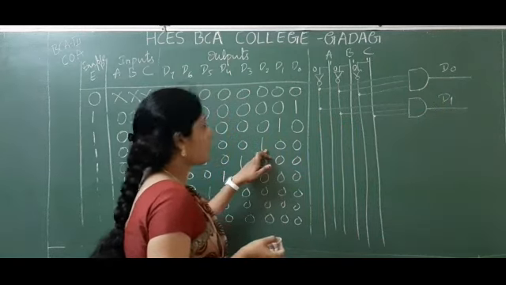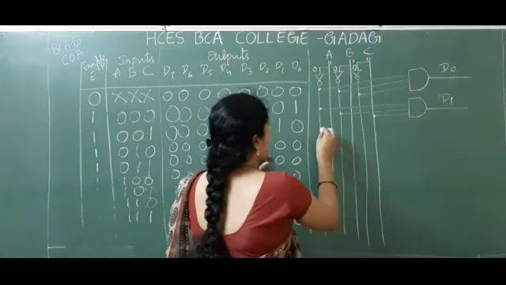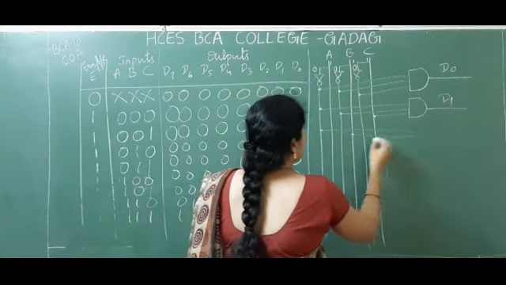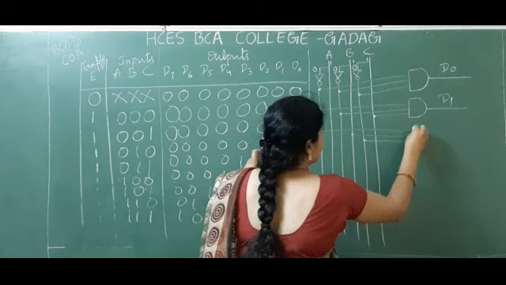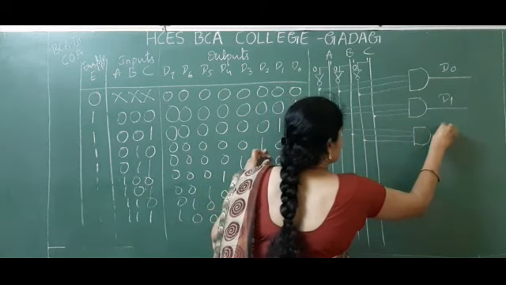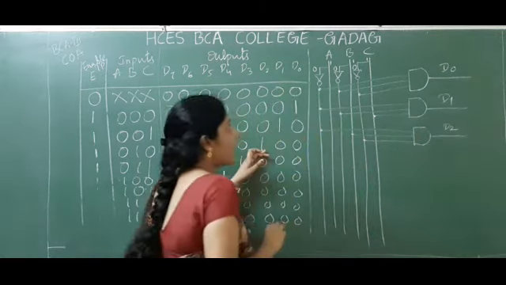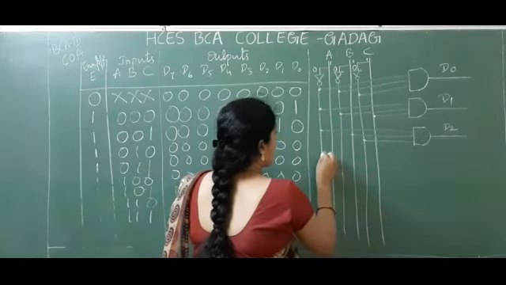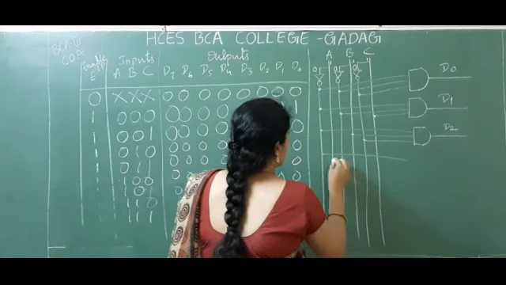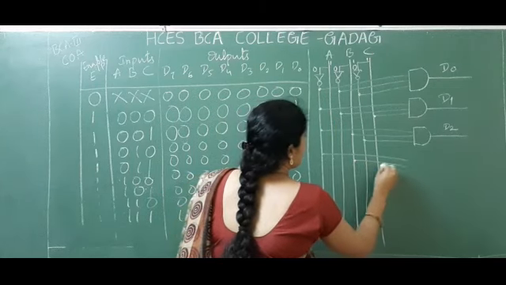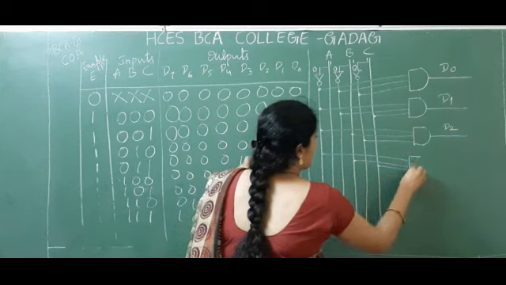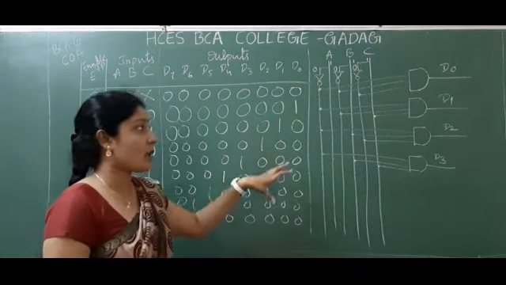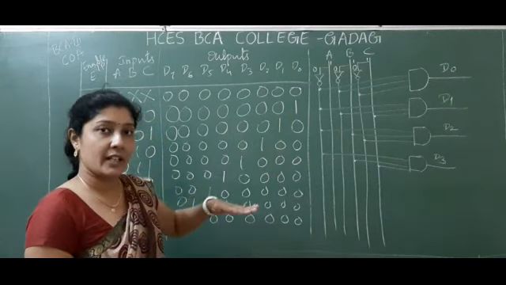Similarly, D2 means 2. 2 means 0, 1, 0. D2. Next, 3. 3 means 0, 1, 1. D3. So this is how we have to take the outputs till 1, 1, 1.